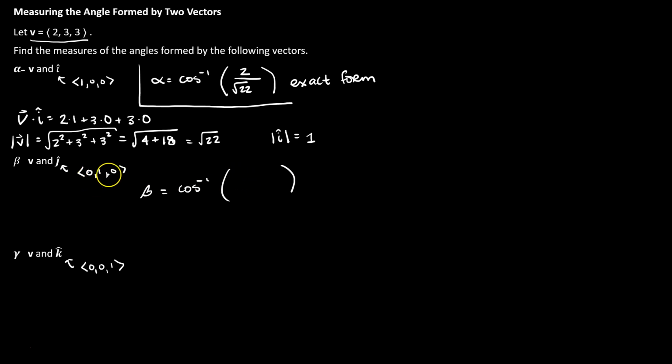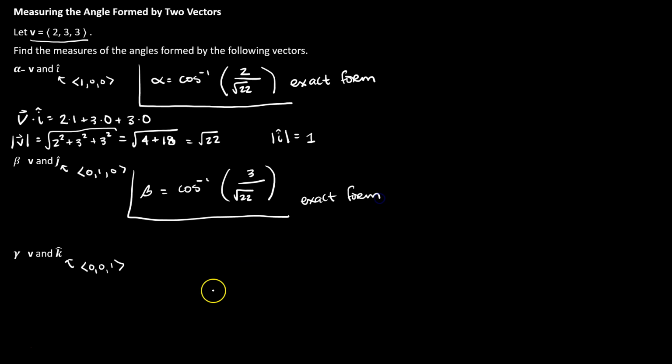Now remember, j has a bunch of zeros in it, so it's really just the product of the y component of j times the y component of v. So our dot product will be 3. And then in the denominator, we need the magnitude of v. Well, we already calculated that to be root 22 times the magnitude of j, which is 1 since it's a unit vector. So this simplifies only again by removing that factor of 1 in the denominator, and we will again leave this because that's the exact form.